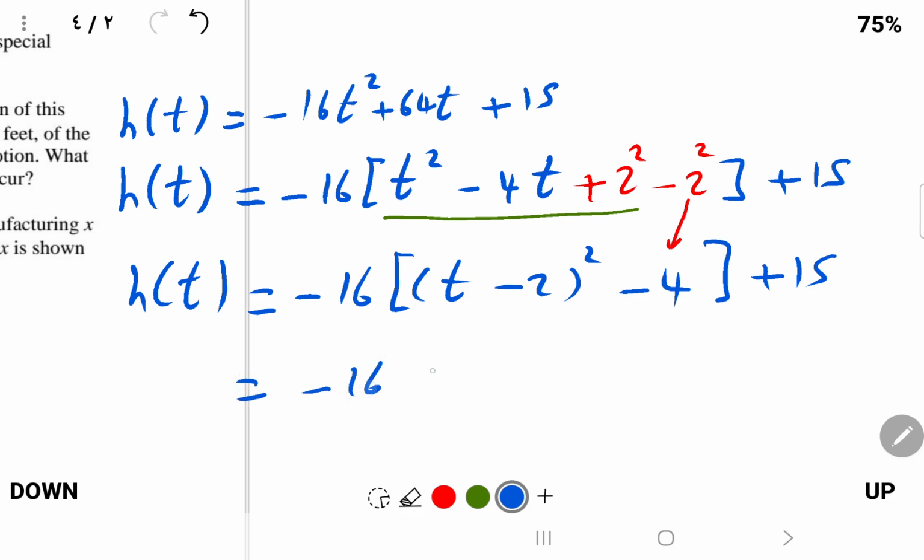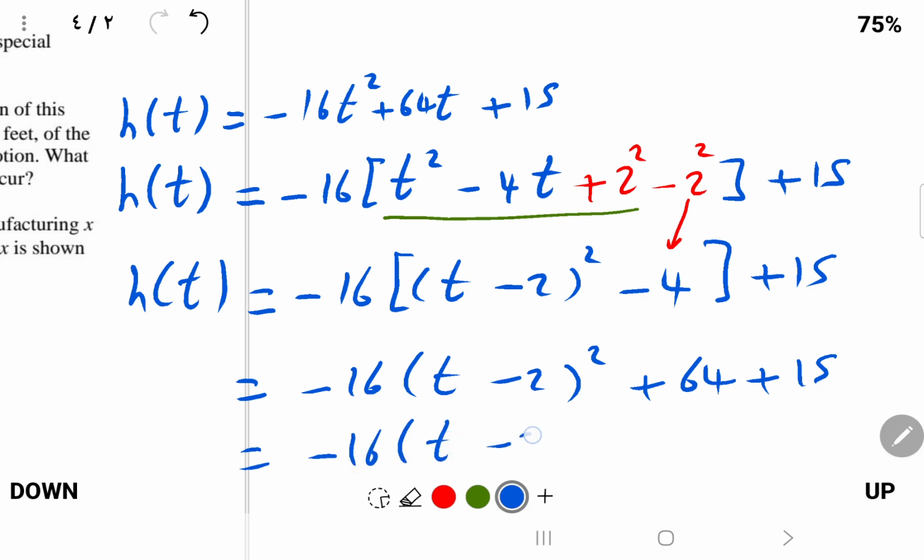You get negative 16 multiplied by (t minus 2) squared plus 64 plus 15. And then you simplify it: negative 16 times (t minus 2) squared plus 79, since 64 plus 15 is 79. So that is h of t.